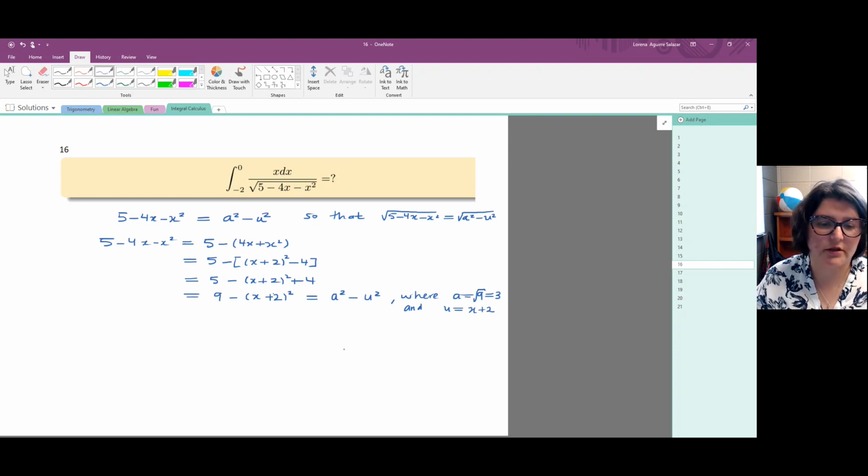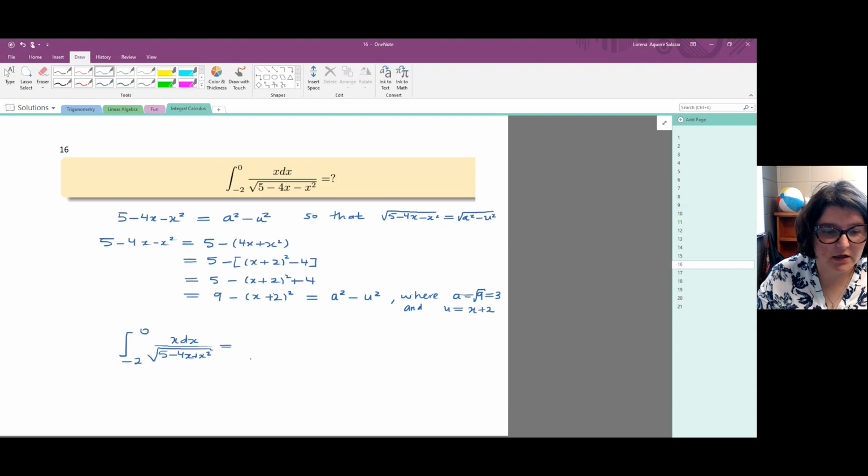So the first thing we're going to do is apply a substitution. We have that the integral from -2 to 0 of x dx over the square root of 5 minus 4x minus x squared is the same as the integral from -2 to 0 of x dx over the root, where we completed the squares to get this equivalent version of the expression under the root.